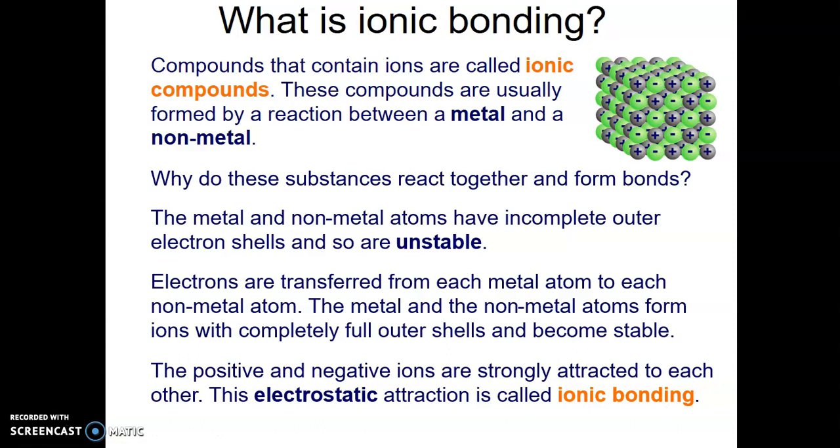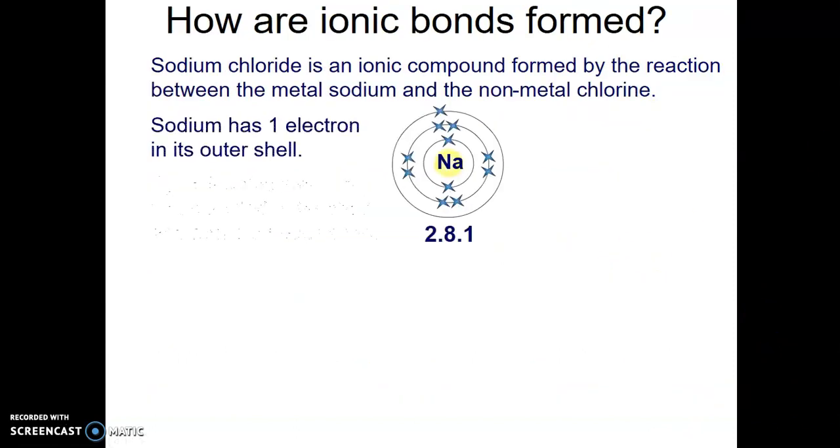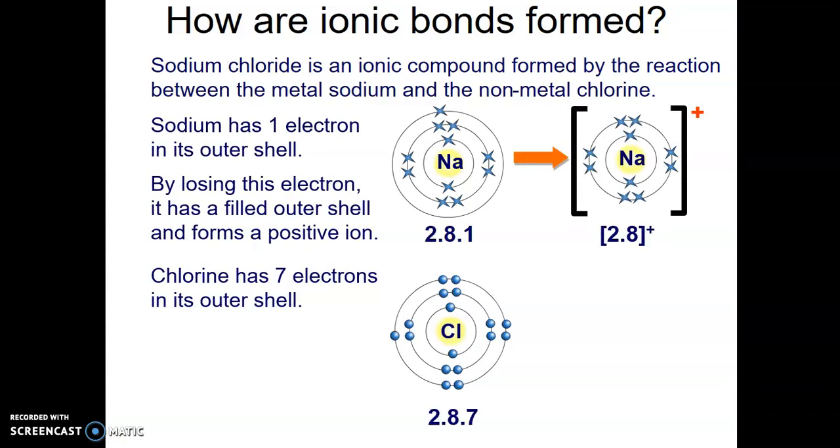So in the case of sodium and chlorine, because the sodium atoms become positive ions and the chlorine atoms become negative ions, they are attracted to each other, and that holds the compound together, that electrostatic attraction between the positive and negatives. Okay. So showing it again, exactly the same idea. Sodium has 1 electron in its outer shell, it loses that and becomes 1 positive.